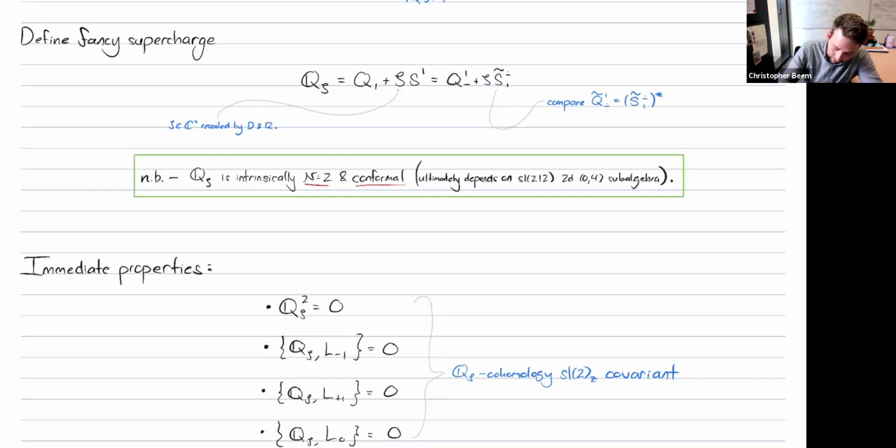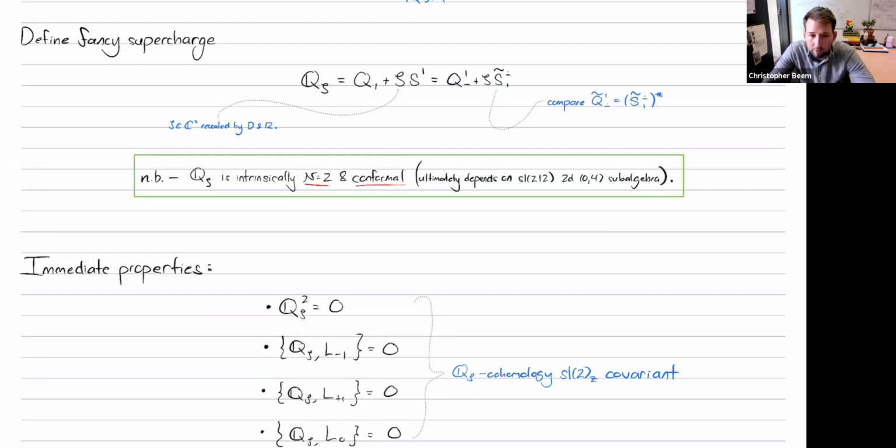So this Q here is an SU2R highest weight, and this S is an SU2R lowest weight. So these things don't live in a single component of SU2R space. And now we can turn the crank. I have some supercharge.